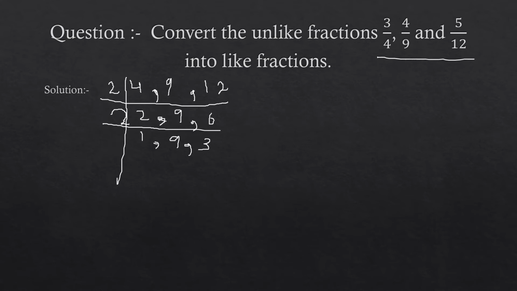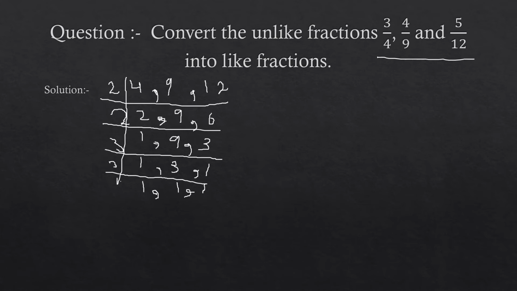Now you can see we can use 3 to divide. 3 1s are 3, 3 3s are 9 and 3 1s are 3. Now this 3 is remaining, we will use one more 3 to make it 1. 3 1s are 3 and 1.